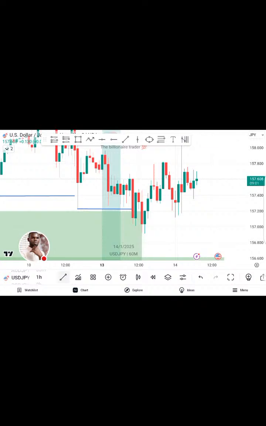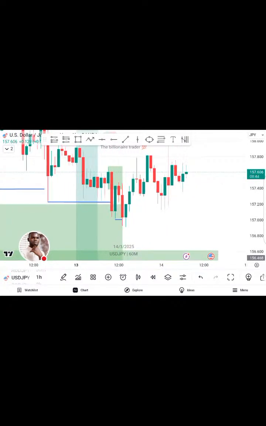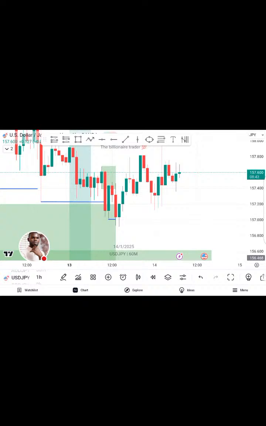After that low, we have another low as well, and this is it. I already have the mitigation here, which is expected, and that has already created a new low. And it is expected that price should return to this area and create a new low, but this failed.